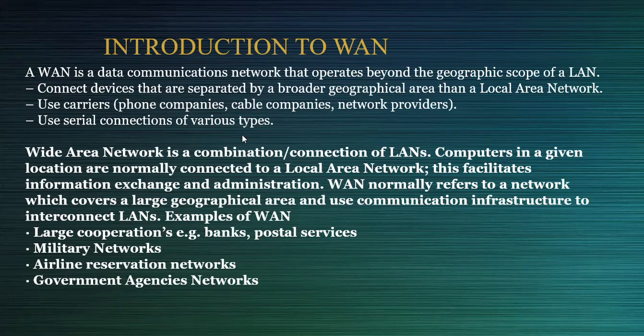Always, a wide area network refers to a network which covers a large geographical area and uses communication infrastructures to interconnect the local area networks. Examples of wide area networks include military networks, government agency networks, airline reservation networks, and large corporations such as banks, posters, and services.